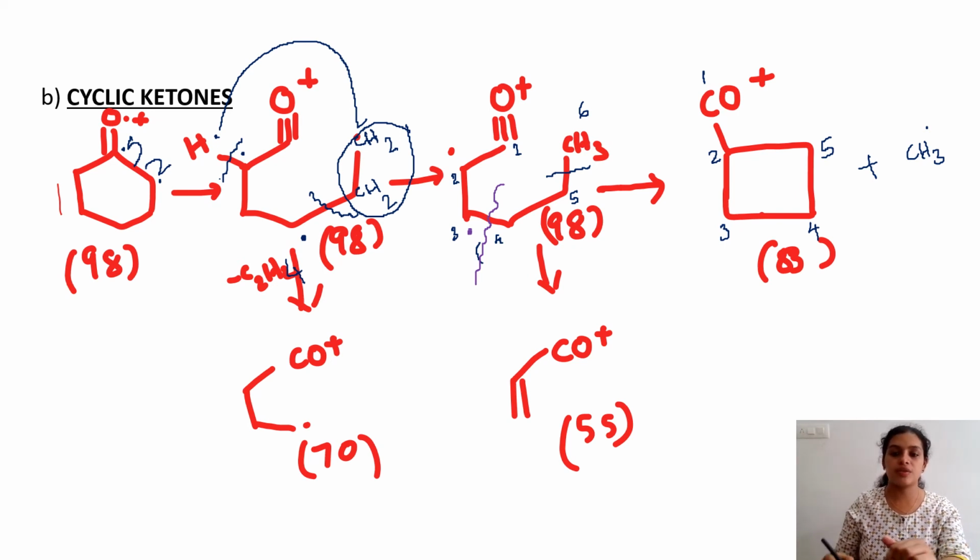The m/z value of this one is at 55. These are the main fragmentation patterns of cyclic ketones. I have taken the example of the most common cyclic ketone, which is cyclohexanone.